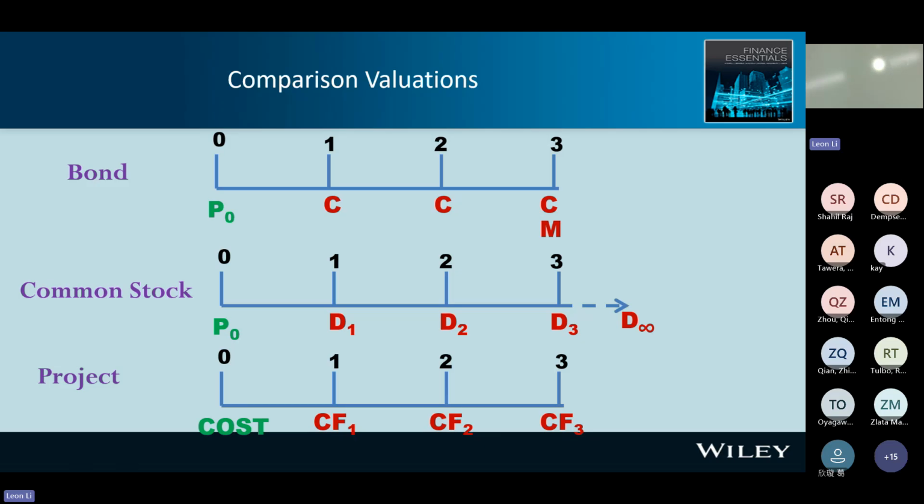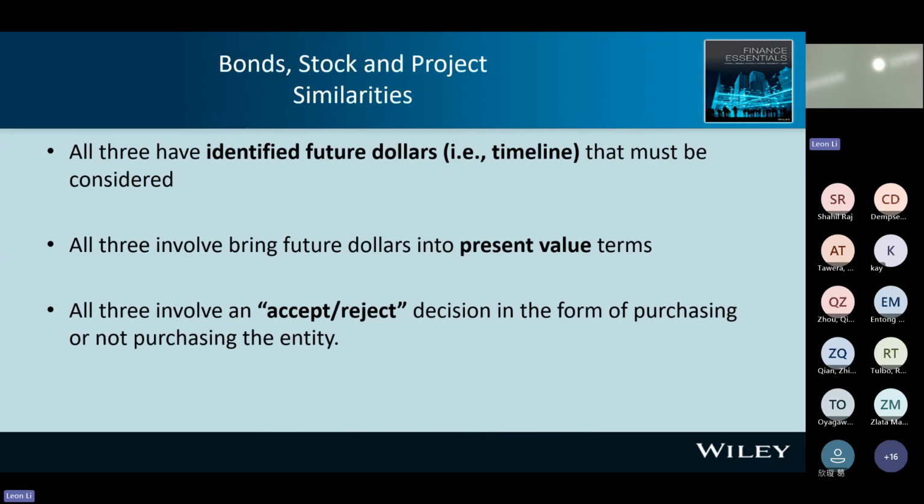Now we are going to show you the detail about the similarities and the differences between them. You can see the similarity. All three have identified future dollars, and all three will need the timeline. All three involve bringing future dollars into present value terms.